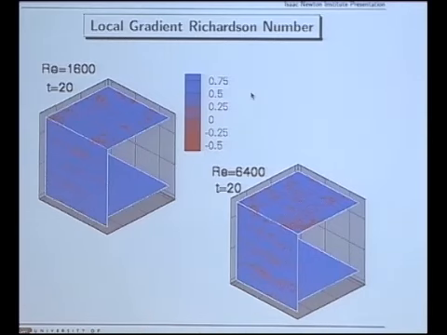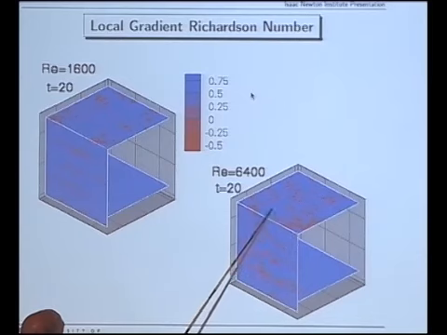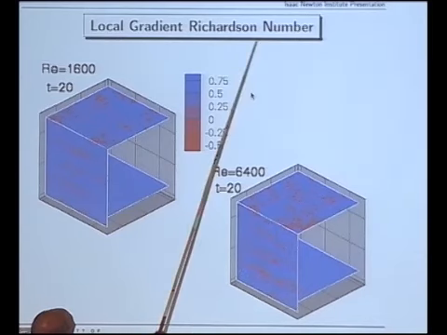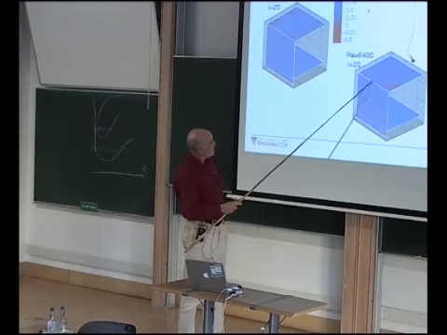So you can look at the flow in different ways, and here's a visualization. This is at a time of 20, which is what I'm going to be mostly focusing on, because even though the kinetic energy has decayed significantly, this is where there's the strongest shear, and it looks the most like there's some turbulence occurring.